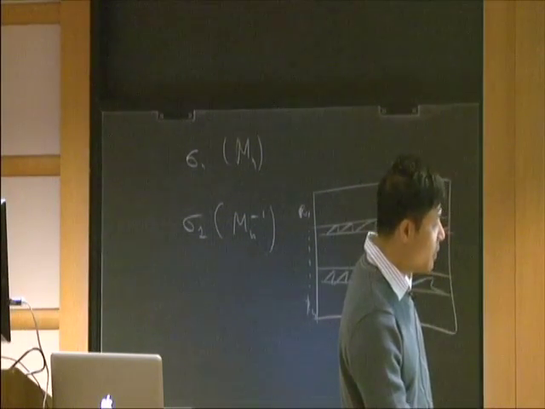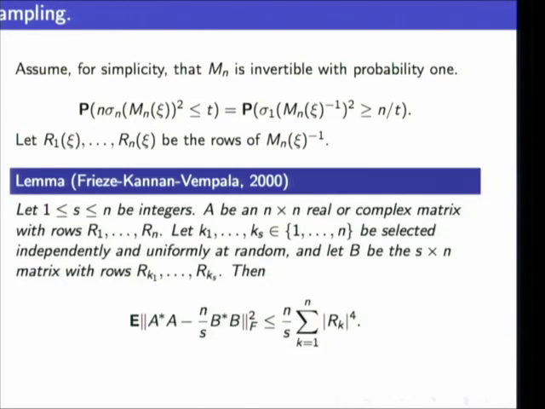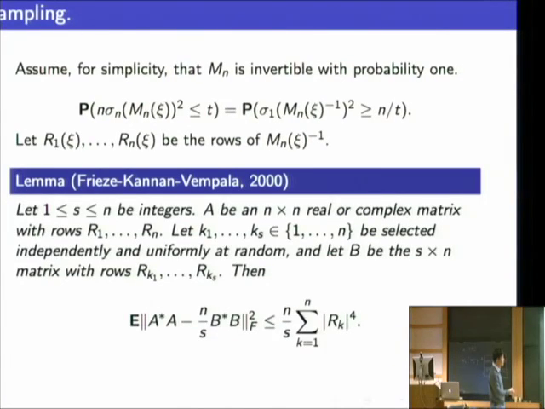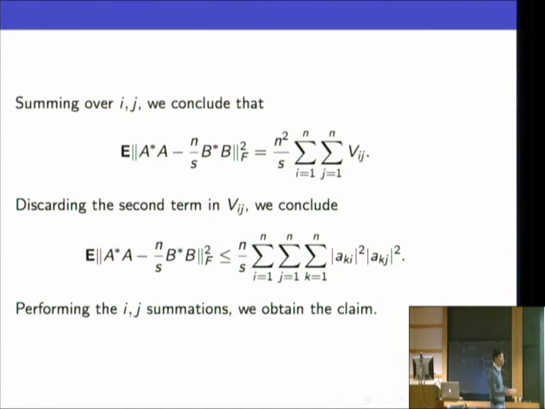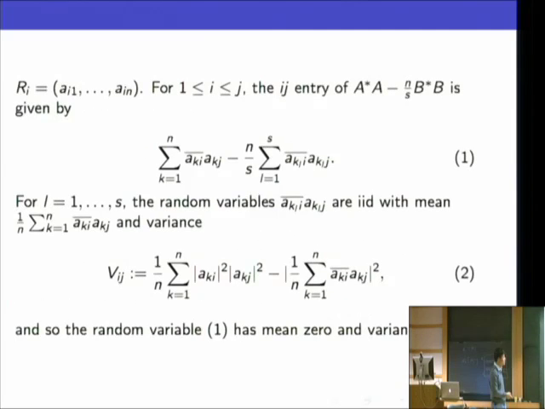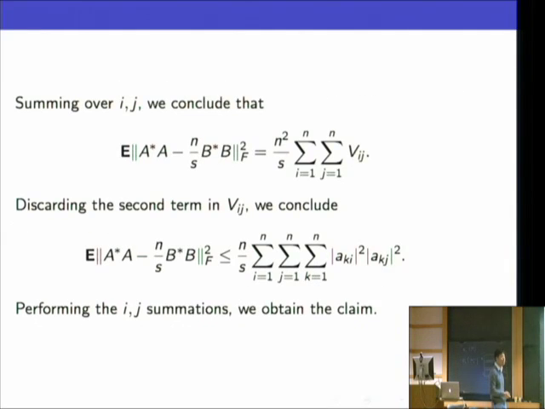After sampling, of course, you have to normalize, because you're talking about only S columns here, and this one has n columns. So you normalize by n over S. Then they prove that the difference between these two matrices is small, and small means that it is basically the sum of the length of the rows to the power of 4. That's something we just need to believe, and the proof is just by the second moment method. It takes about one page.